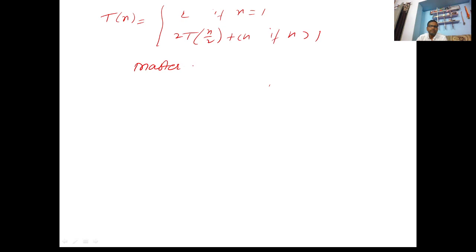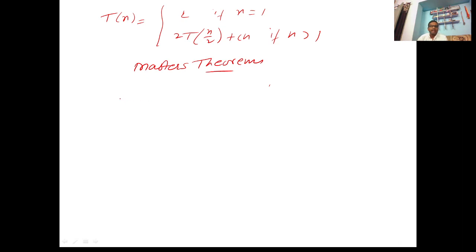So the recurrence relation for your merge sort is T of n equal to C if n is equal to 1, and equal to 2T of n upon 2 plus Cn if n is greater than 1. Now simply apply Master's method, the Master theorem.